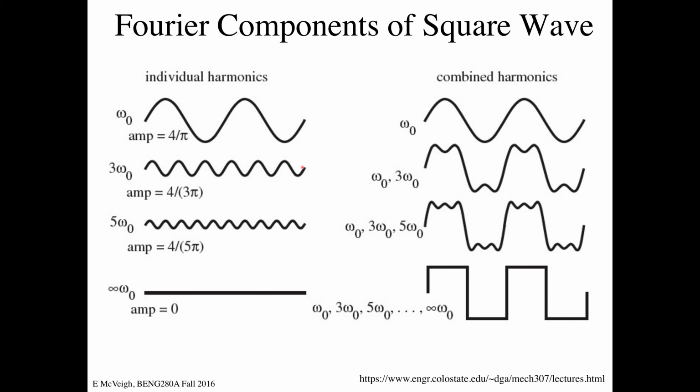And when you add the next harmonic, it turns out we skip one, 2 omega doesn't happen. When I go to 3 omega naught, which is here, and I add it to this one, 1 omega naught, I get this function as the sum of those 2 frequencies. It's starting to look more like a square wave. It still doesn't look like one, but it has a sharper ramp and it has more of a flat top.